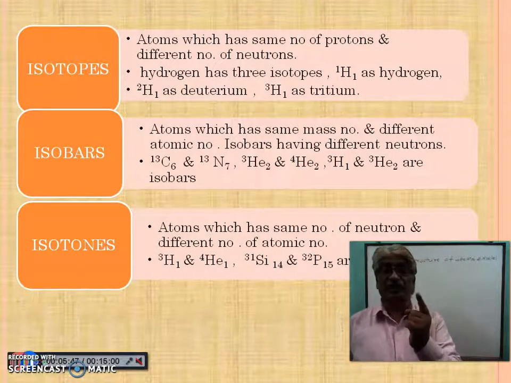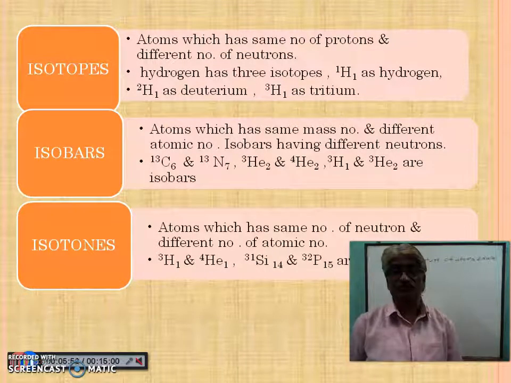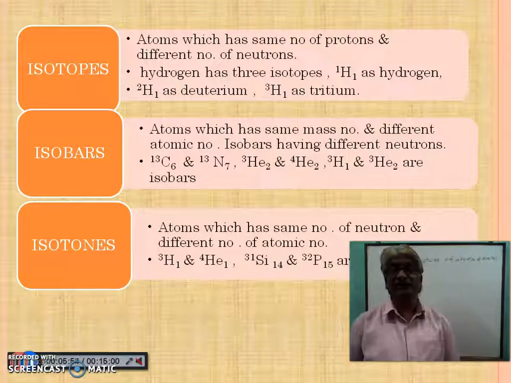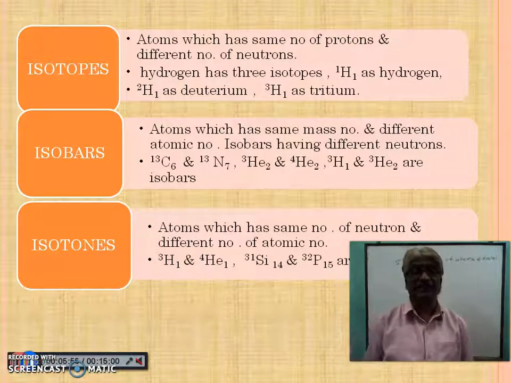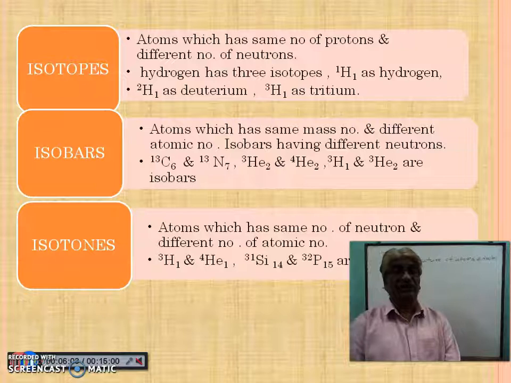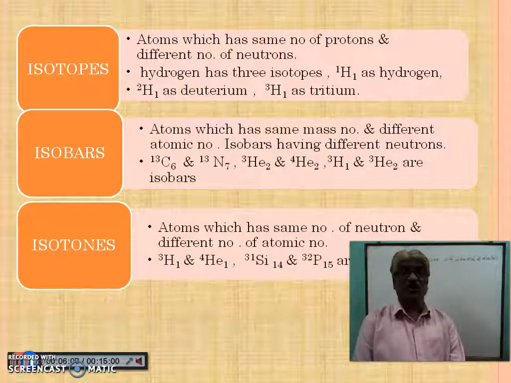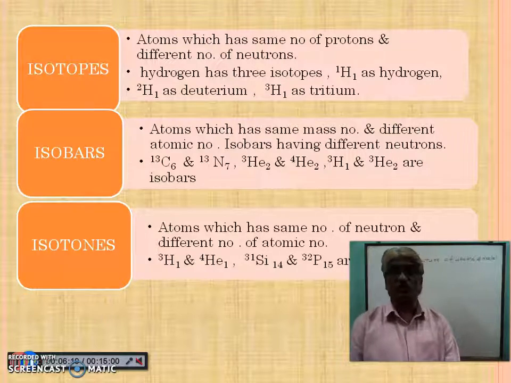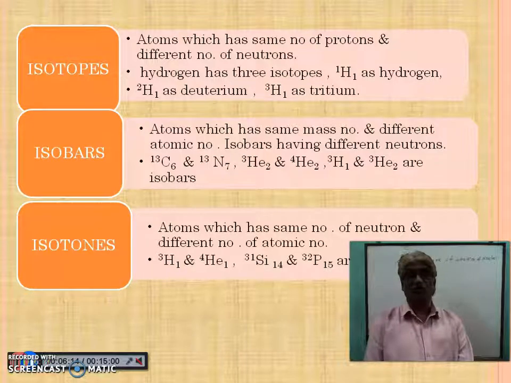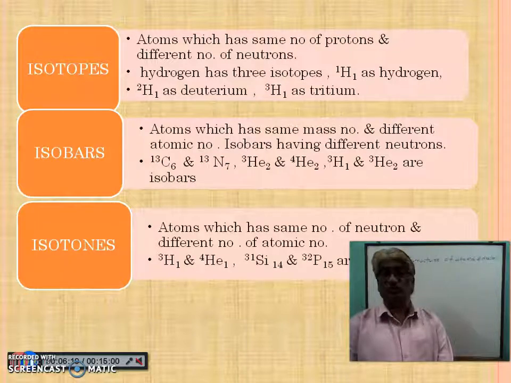Here 15 is subtracted from 32, the answer will be 17. That is isotones. The question will be asked: difference between isotones, isobars, and isotopes, or what is meant by isotopes, what is meant by isobars, and what is meant by isotones.